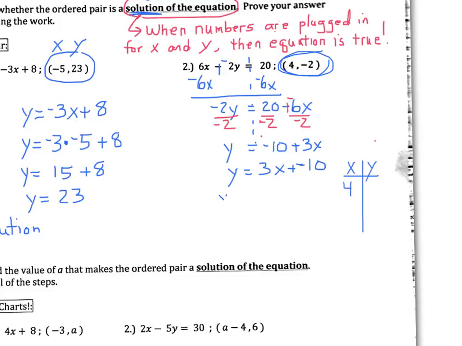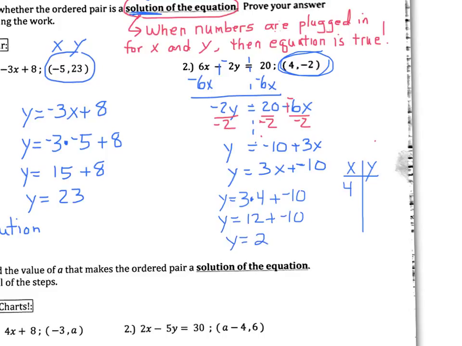So y equals 3 times 4, because it's 3 right next to an x, which means times. 3 times 4 plus -10. So y equals 12 plus -10. And that would give me +2.